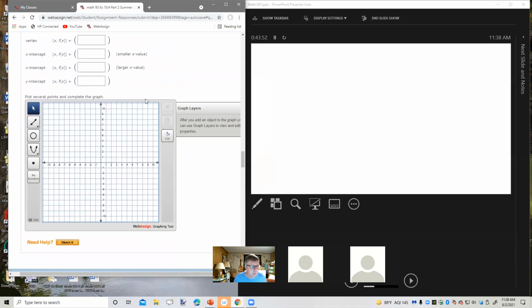So now I can put in more than one x-intercept. F of x equals 2x squared minus 8x plus 6. Okay. So we're going to determine the coordinates of the vertex, determine x and y intercepts, and complete the graph.